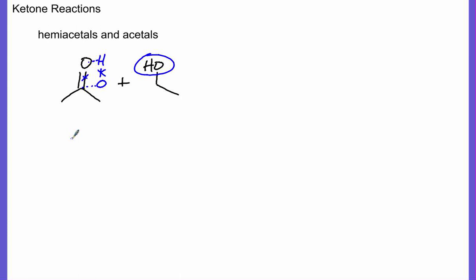So I should be able to do the same thing as I did before, and my product then, if I now only have a single bond to that oxygen, this turns into a hydroxyl group, and then I should have this carbon connected to an oxygen that was part of my alcohol. And then since it was an ethyl alcohol, there's an ethyl group attached to that oxygen, so two more carbons over there.